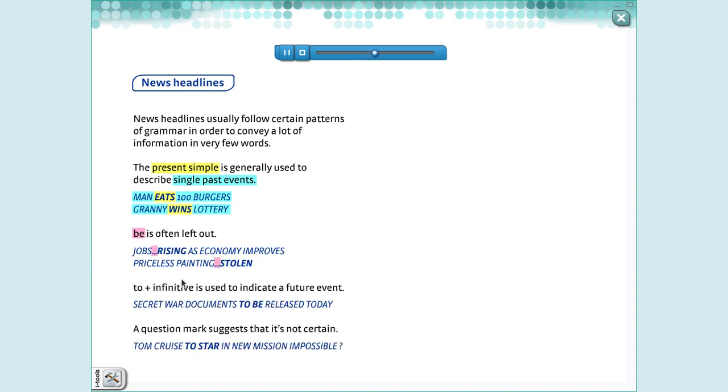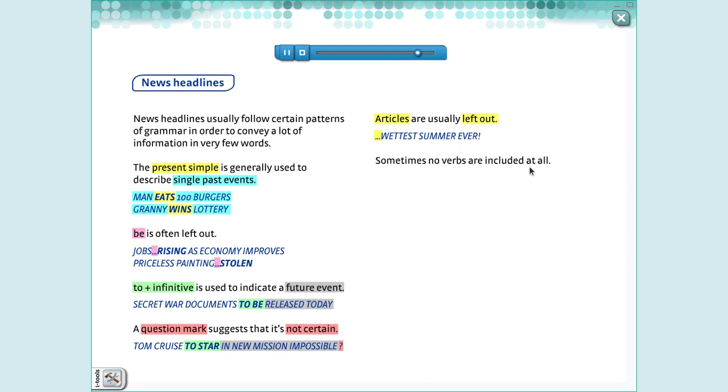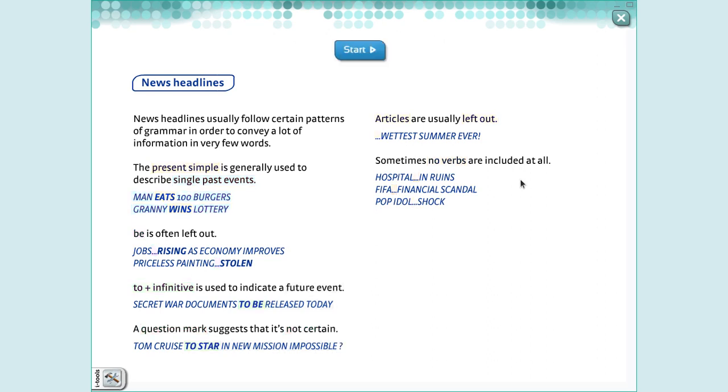When we use to with the infinitive, we are talking about future. When we add a question mark, we are talking about something that we are not certain. And articles, the, they also leave out. And sometimes they write sentences with no verbs at all, okay? Just nouns and adjectives.